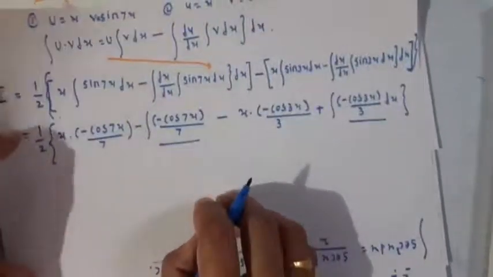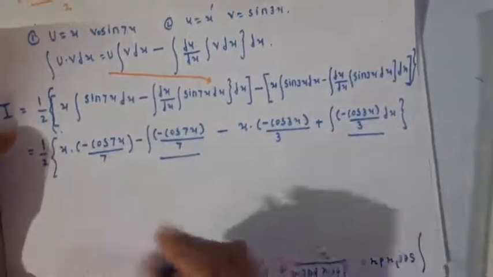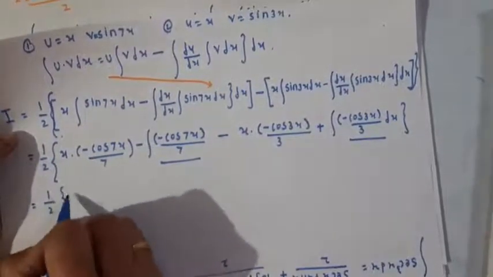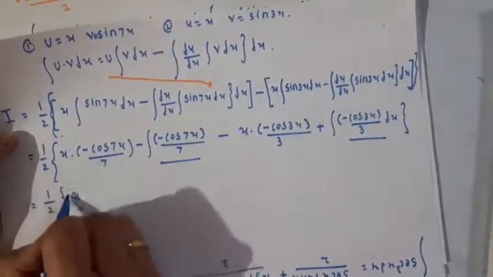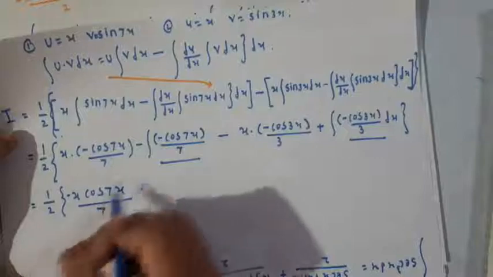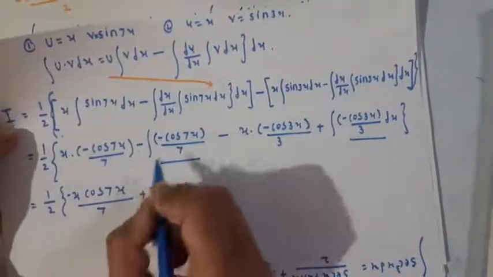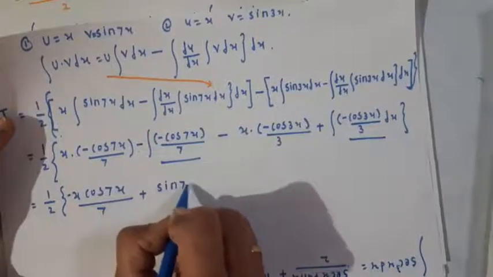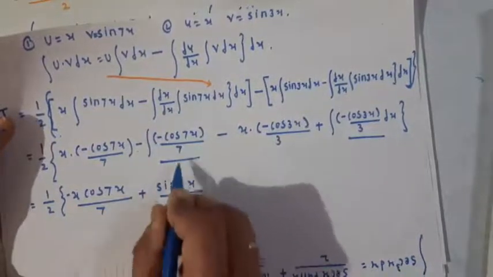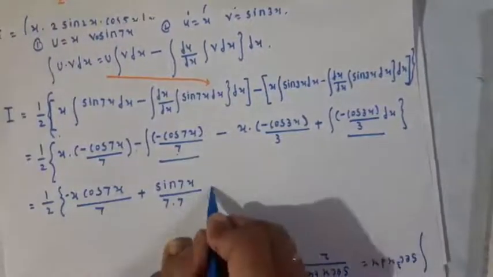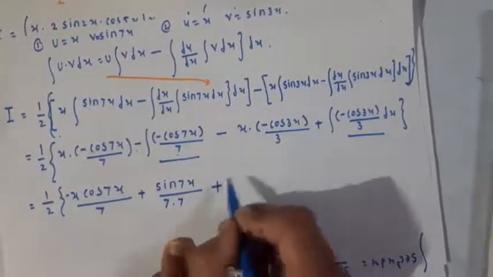Now the integration of x as it is plus, minus minus cos of 7x upon 7, minus minus plus integration of cos of 7x is sine of 7x upon 7. The 7 is as it is into this 7. Okay, minus minus becomes plus.